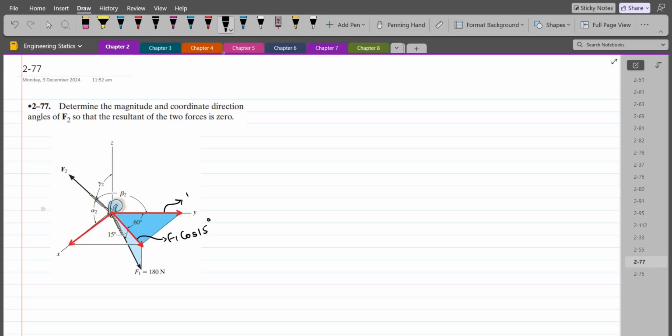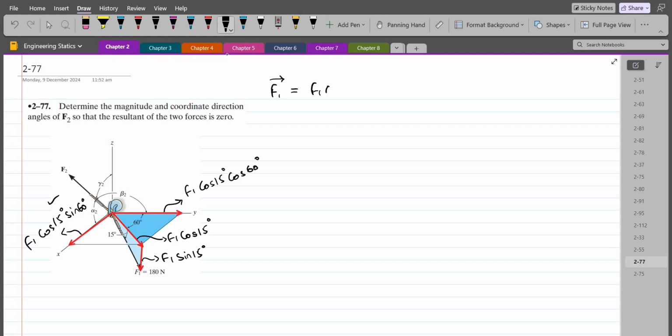This right here is F1 cos 15 into cos 60, and the x component is F1 cos 15 into sine 60. Also, we have a vertical component in the negative z direction, and it would be F1 sine 15.